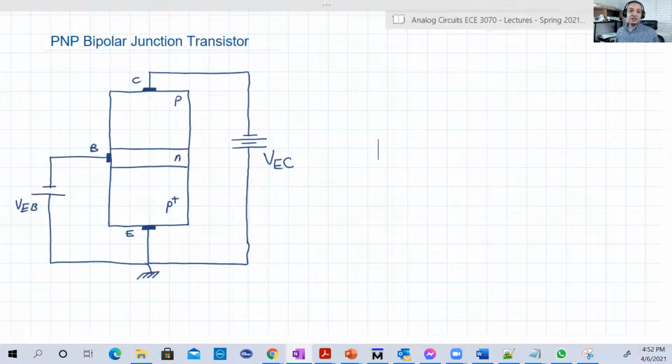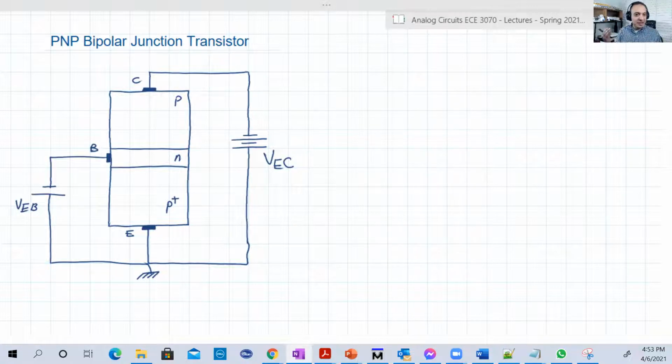We're going to start in this recording with another transistor, which is basically the sibling of the NPN transistor: the PNP transistor. It's also a bipolar junction transistor. There are two junctions, J1 and J2, just like the NPN, but now they are flipped.